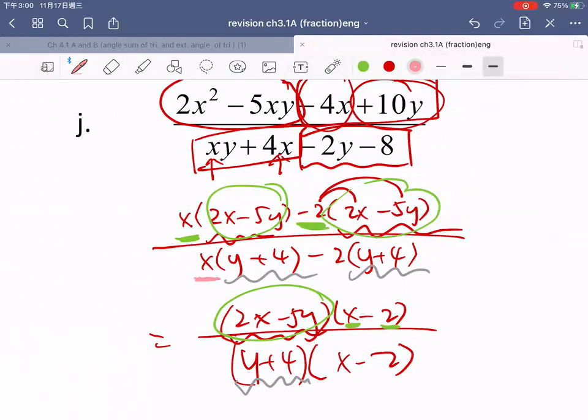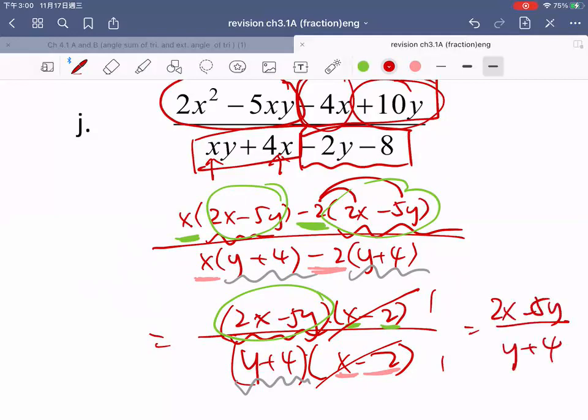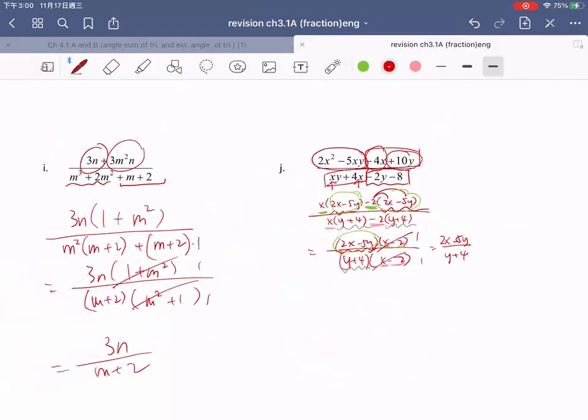So we can call the common factor x minus 2. Answer 2x minus 5y and minus 4. Okay, cannot further simplify this one. Okay, that's it.